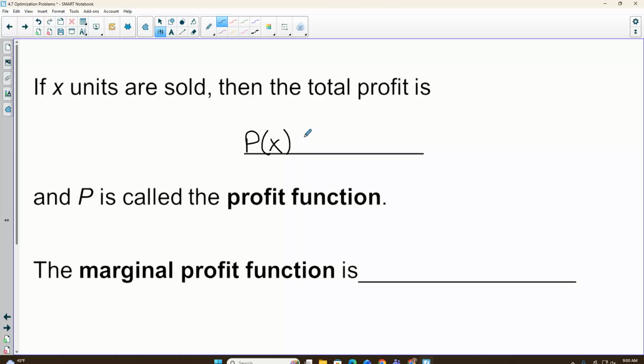To find your profit, you take your revenue, the amount of money you bring in, minus your cost, the amount of money you spend. Marginal profit, our derivative of profit, is our P prime. So we can talk about marginal cost, marginal revenue, marginal profit. It's just how those items are changing as we increase our production.